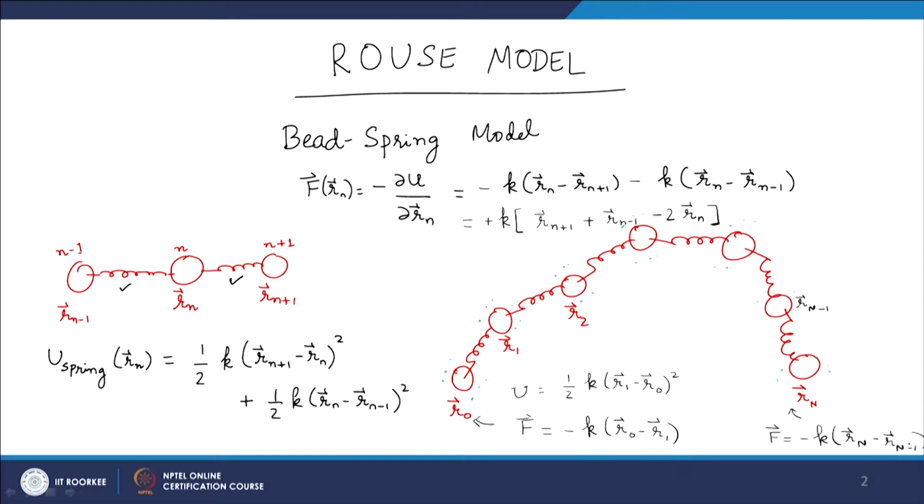Okay. So, now we have found the forces because of the springs. All of them are the force only because of spring, and of course, we have other forces in the system.